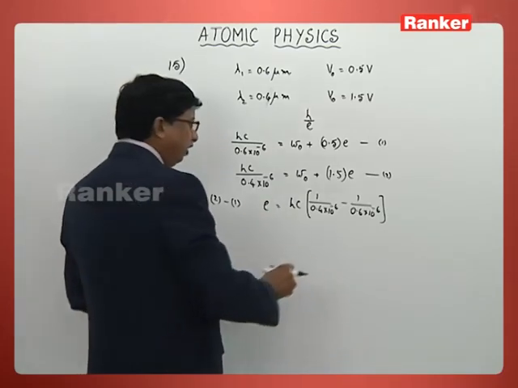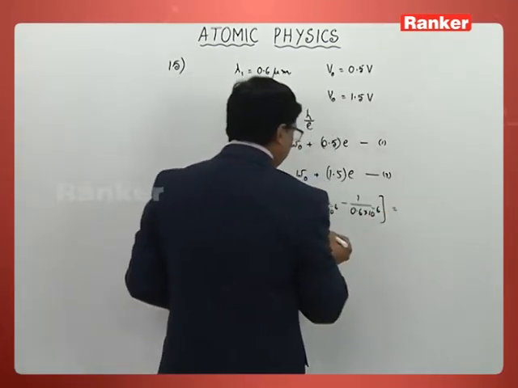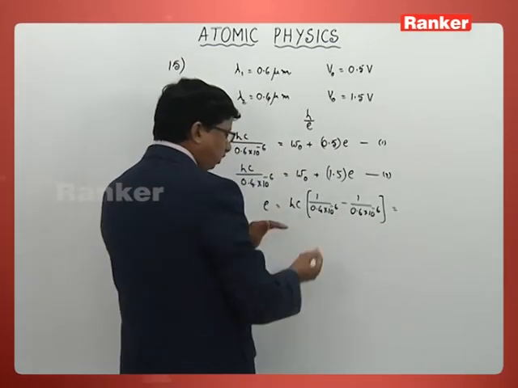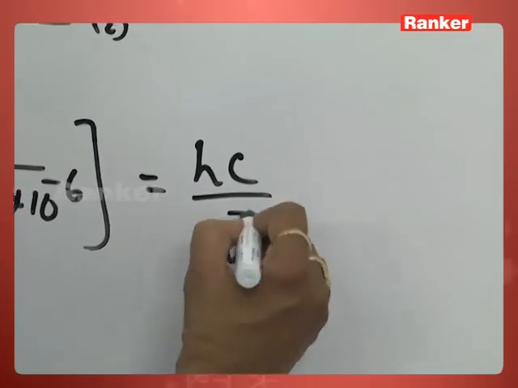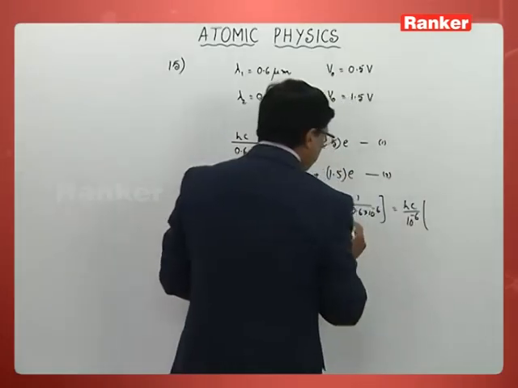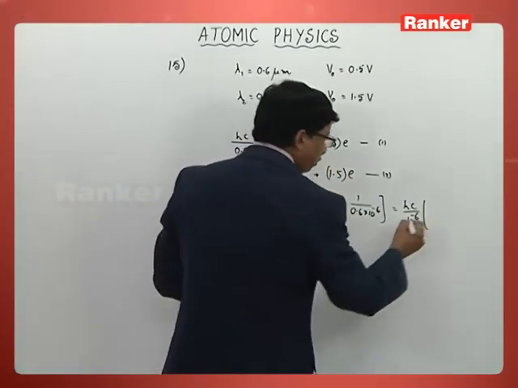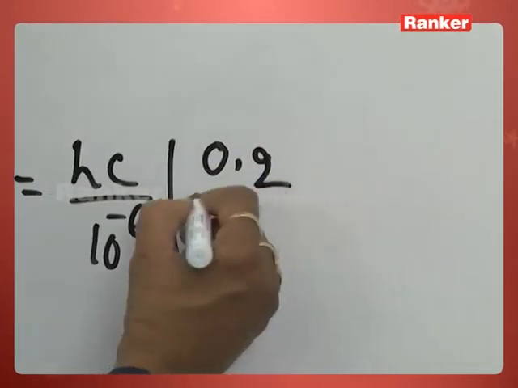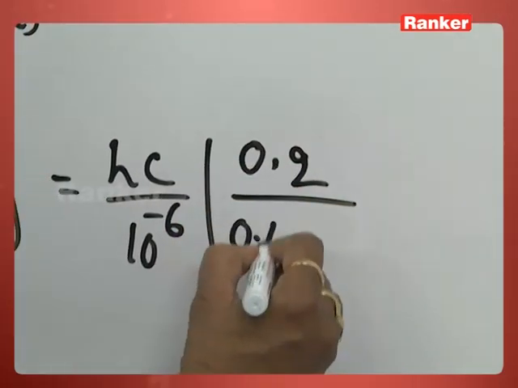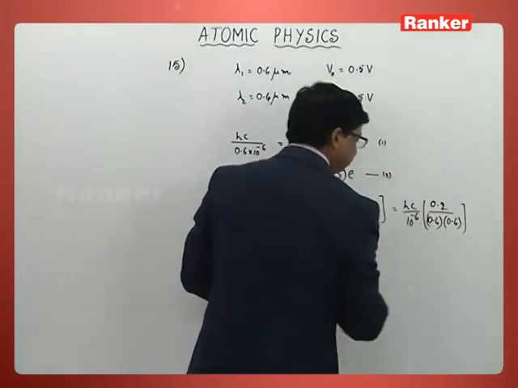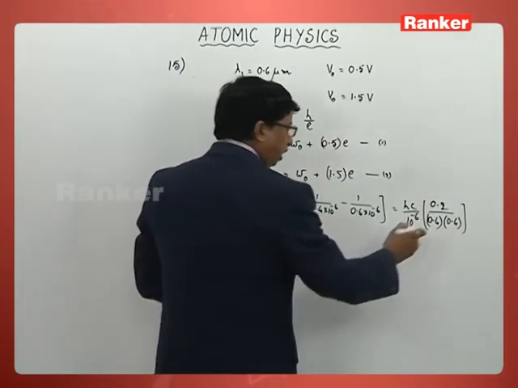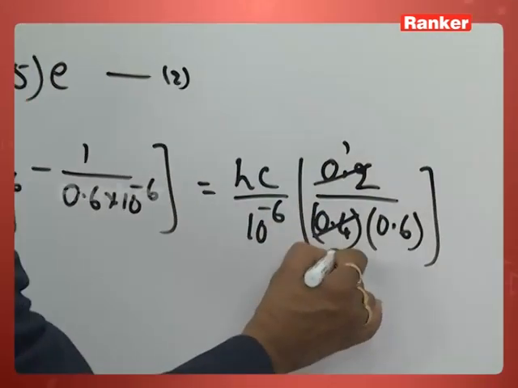Now you can directly understand this one. Taking 10 to the power minus 6 out, it is hc by 10 power minus 6 into 0.6 minus 0.4, which is going to be 0.2 in the numerator. Now 0.4 into 0.6, you write it as it is. Now you can cut this one twice here.